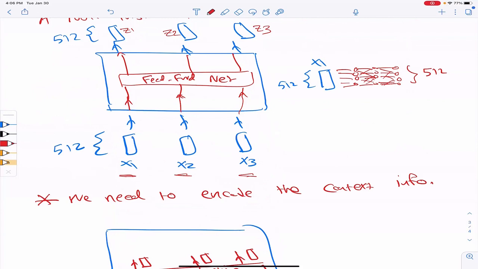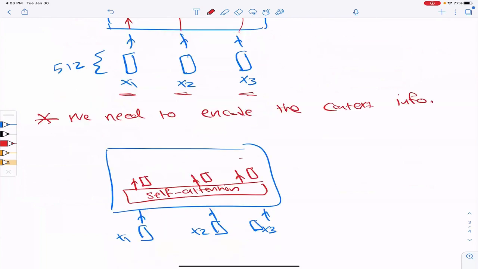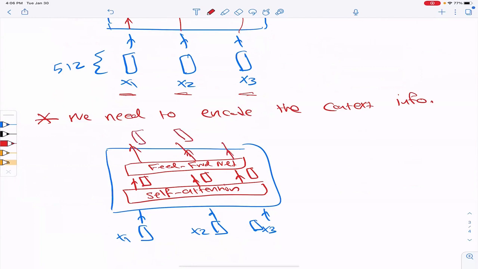I understand it is not bringing context information, but it can massage each embedding perhaps to highlight more relevant information in the output embeddings. So hopefully it won't hurt. So we'll add a feed-forward network on top of it, and the output will be 3 vectors with 512 lengths.